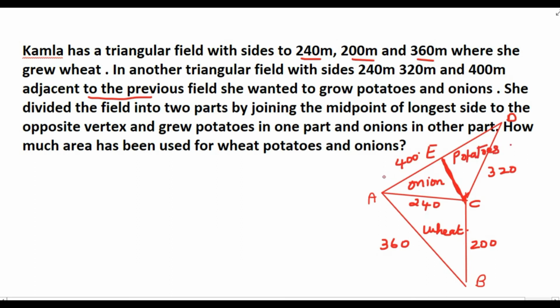So we need to find how much area has been used for wheat, potatoes and onions. Now we will use Heron's formula to find out the area used for wheat, potatoes and onions.